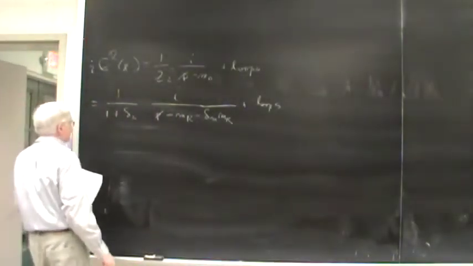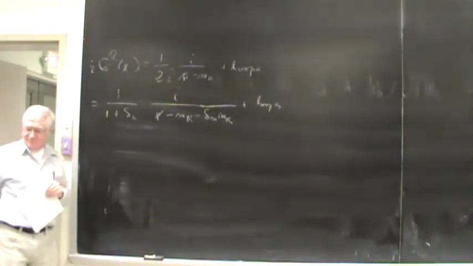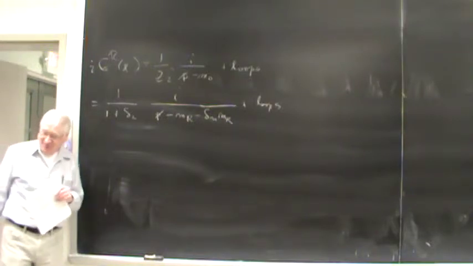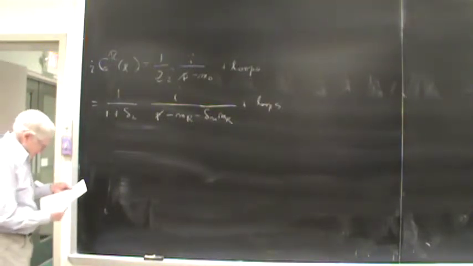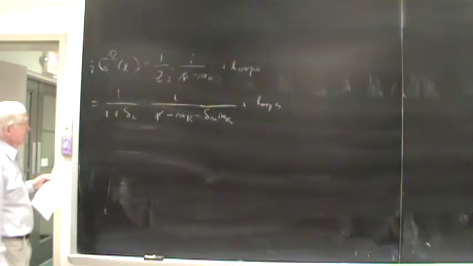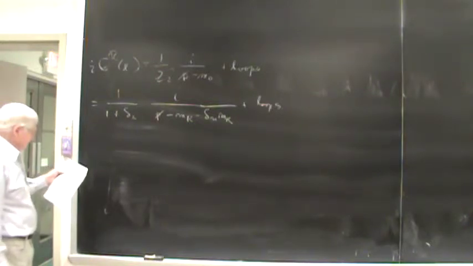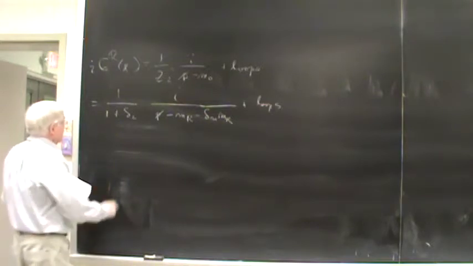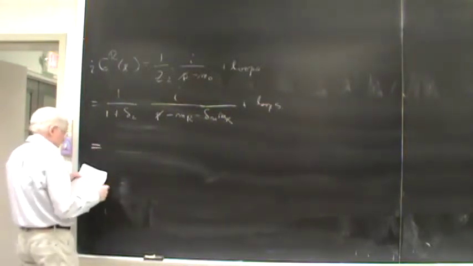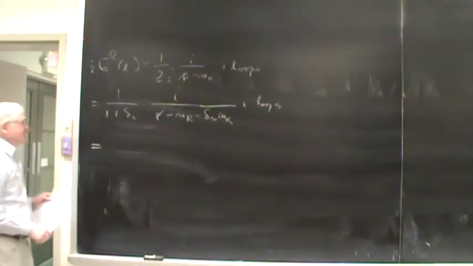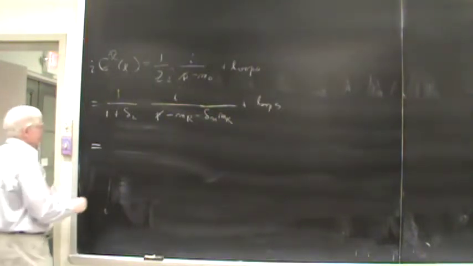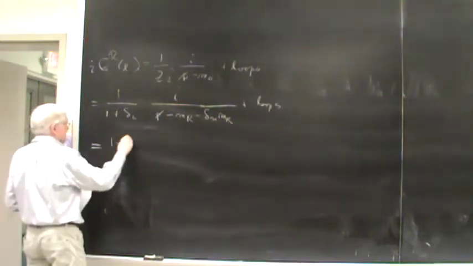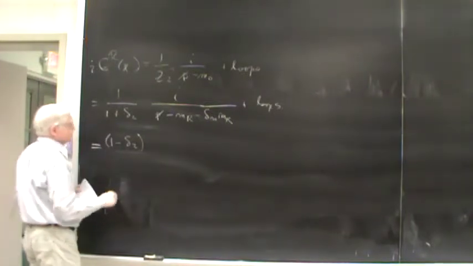Okay, now get a load of this. This is what one actually does. So let me put in the intermediate steps, which I think are rather embarrassing. This is then written as 1 minus delta 2.